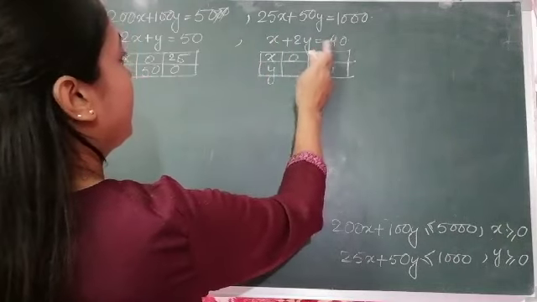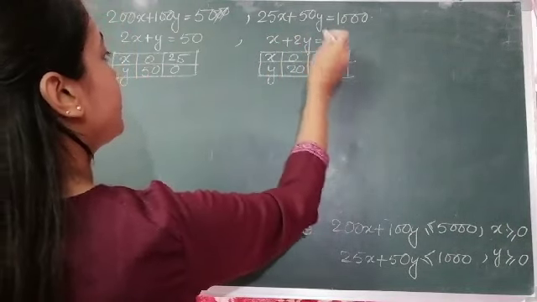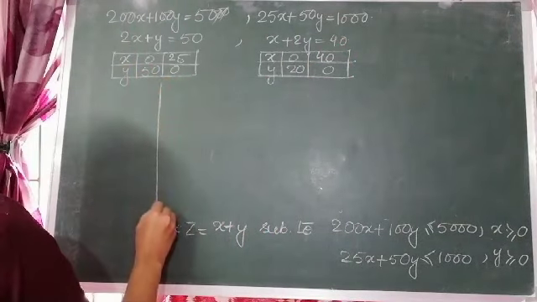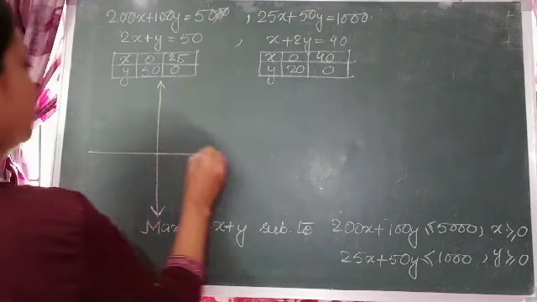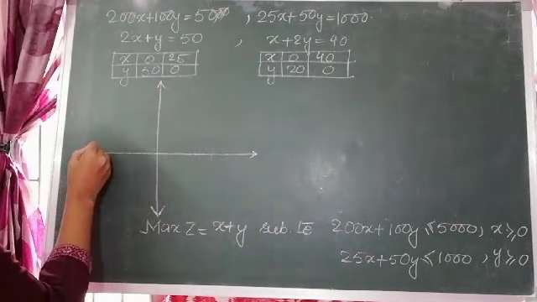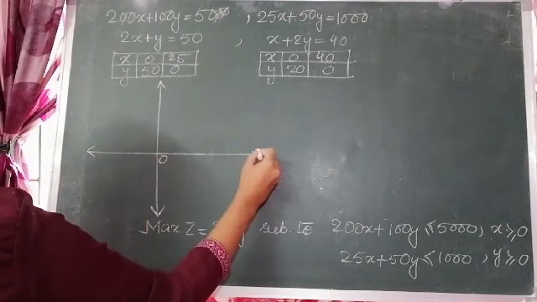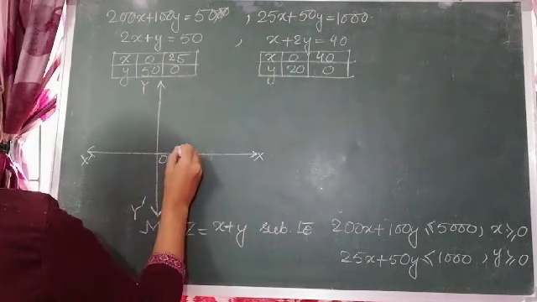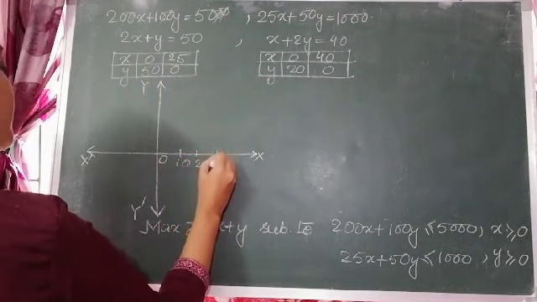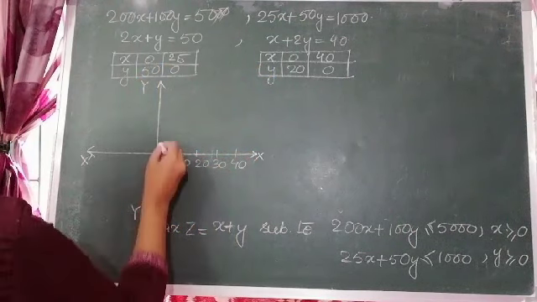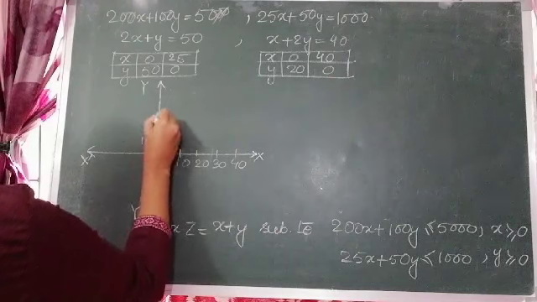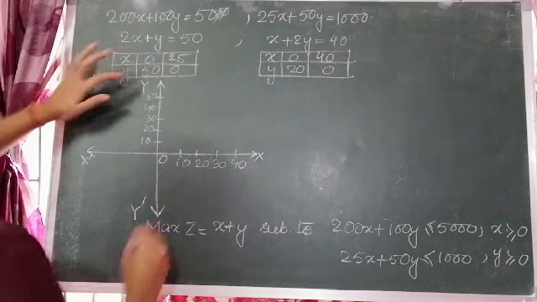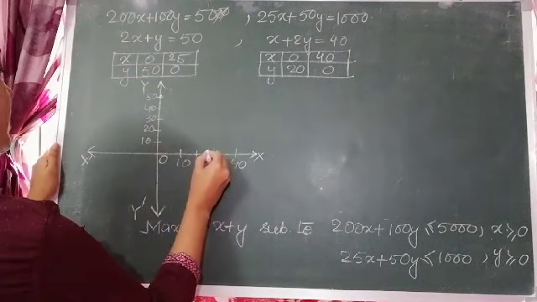Next put x equals to 0 here, y will be equal to 20, and if you put y equals to 0, x will be equal to 40. So the first is (0, 50), next (25, 0).